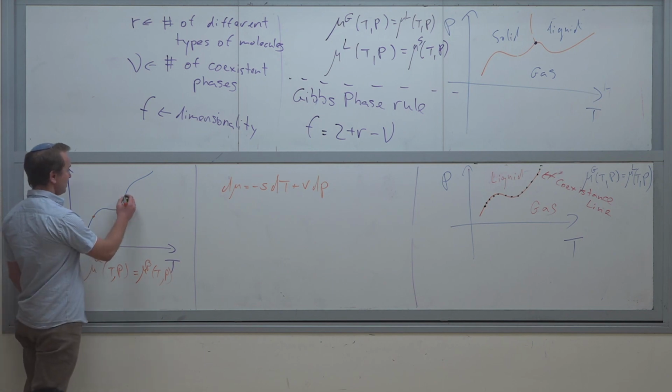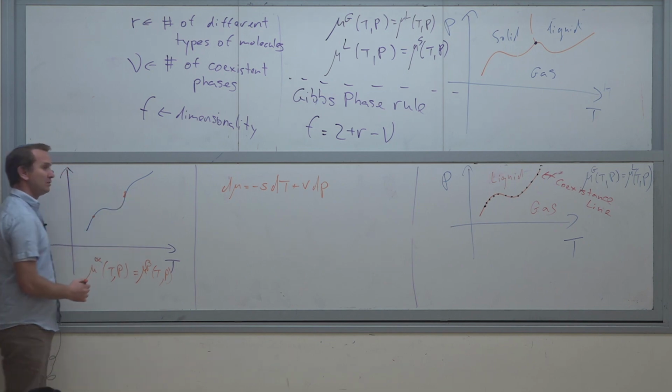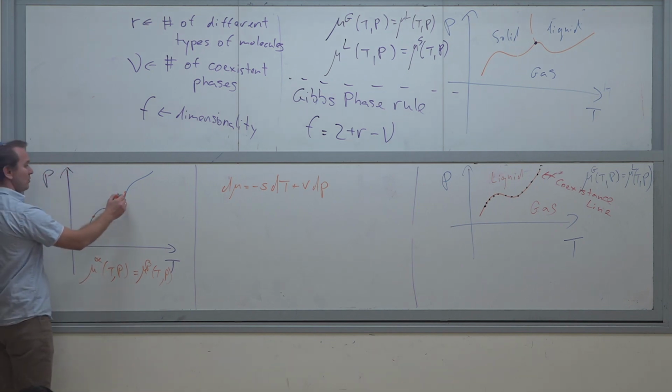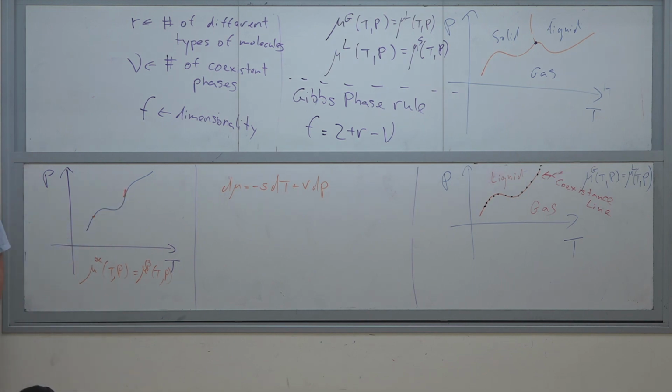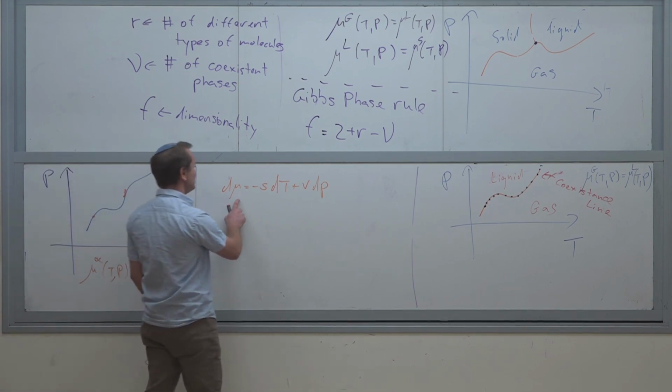Now, if we are on this line and we're making a small step from this point to that point, what happens? We know that there is a small change in chemical potential.